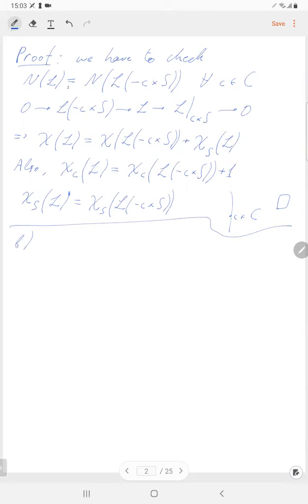By what we have just proved in part A, we are free to change our L, twisting it by horizontal or vertical fibers, and this will be very instrumental.